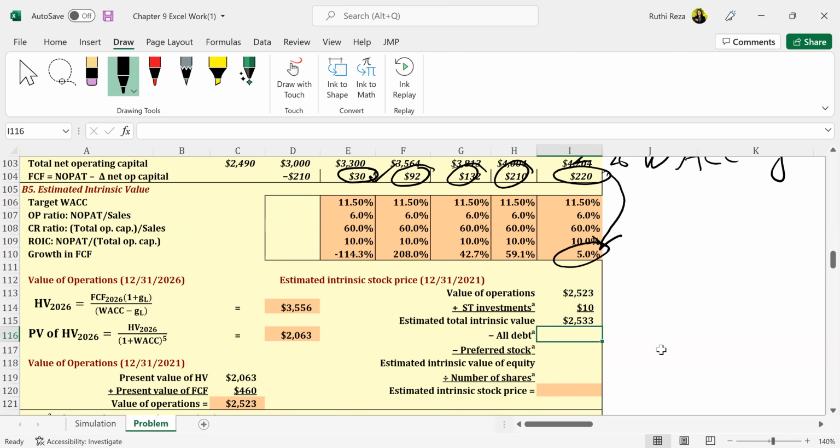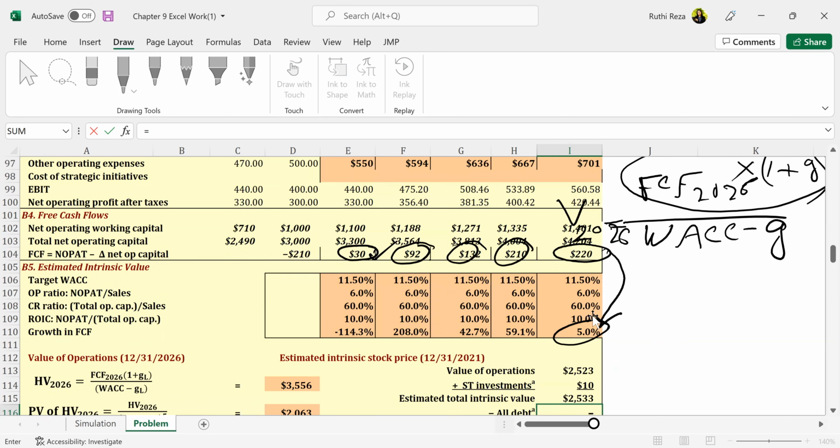So from the total intrinsic value of the firm, we are going to deduct the market value of debt and market value of preferred stock. In this case, we don't know the market value of debt and market value of preferred stock. So we're going to assume that market value of debt and preferred stock is equal to the book value of preferred stock and debt.